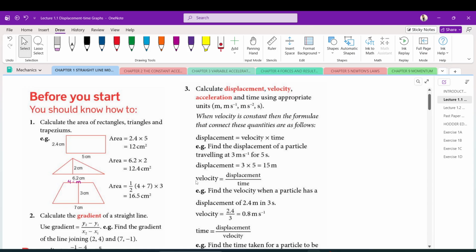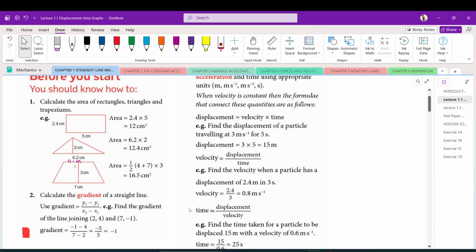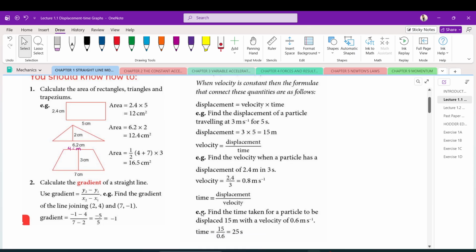Then velocity is equal to displacement over time. Okay, you can use the same equation, for example, if I need to find velocity, I'm going to make velocity the subject of the formula and then use this equation. If I need to find time, then I'm going to make time the subject of the formula and then I can find time. So depending on what quantities are given to you, you should be able to calculate the unknown.